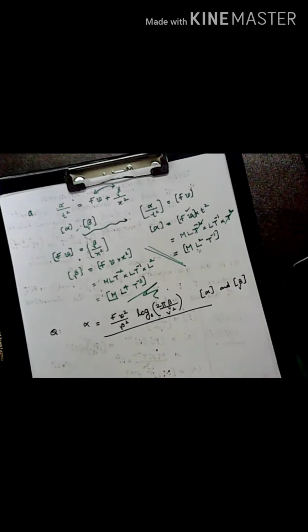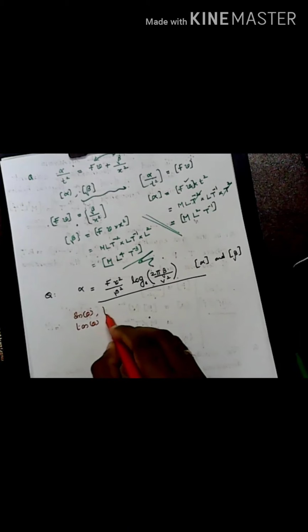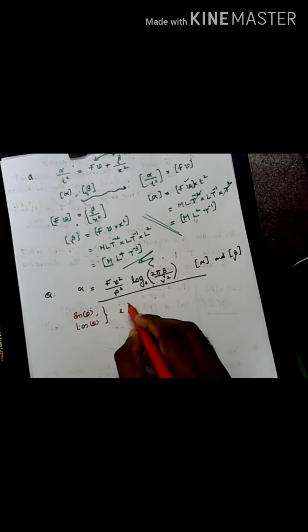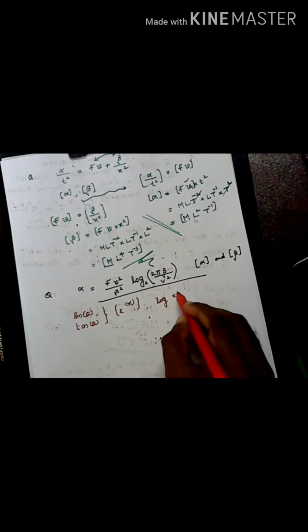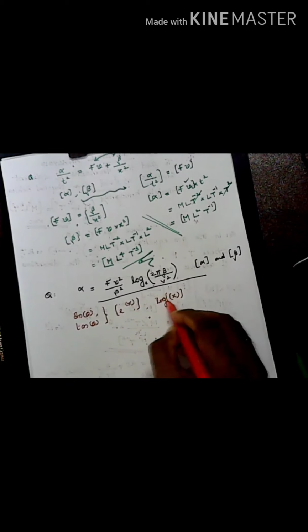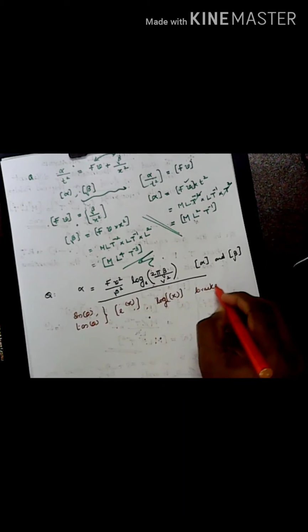But you should know the very, very important concept that, see, the trigonometric ratios, the sine theta, the tan theta, the exponential functions, e raised to x, then logarithmic functions, log x, all the brackets are dimensionless.